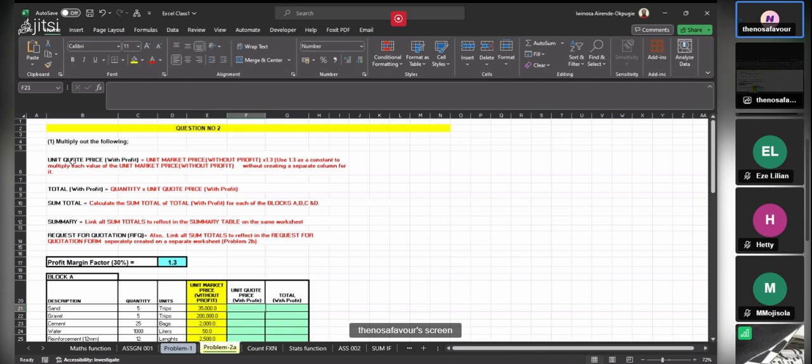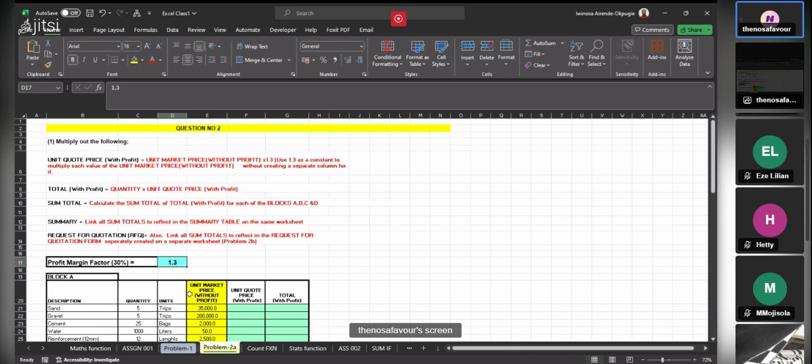It says unit quote price with profit is equal to unit market price without profit, that's this one, times 1.3, and 1.3 is the profit margin factor. That is already a constant here.